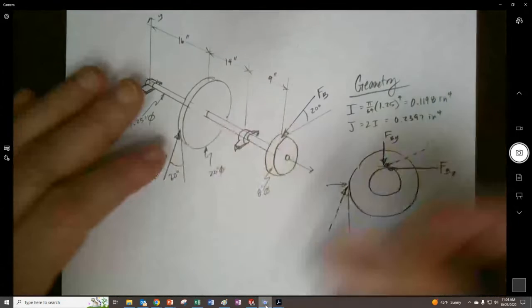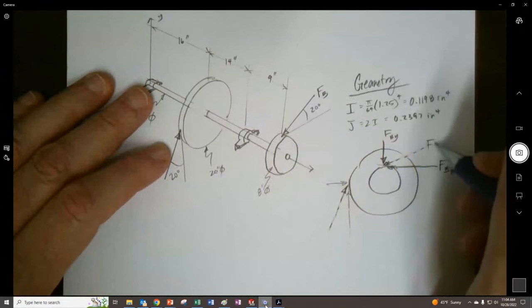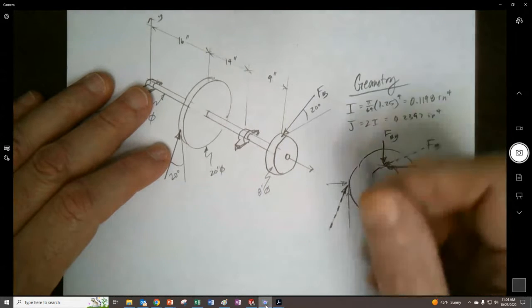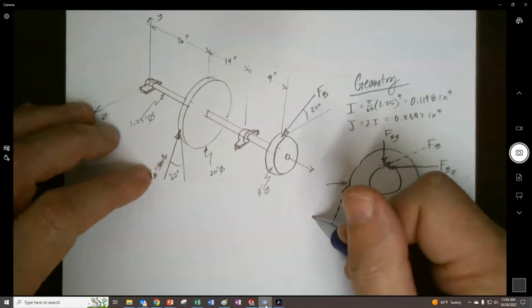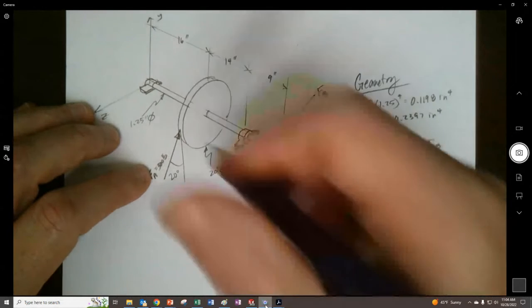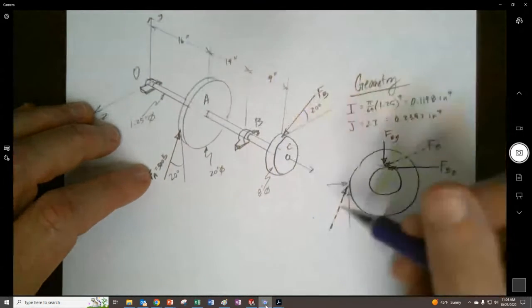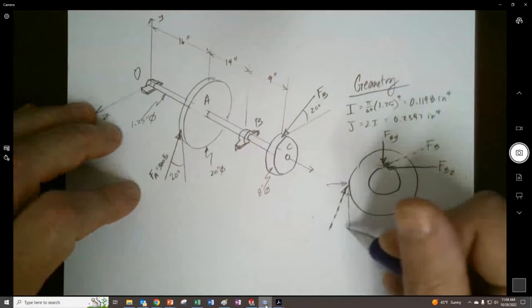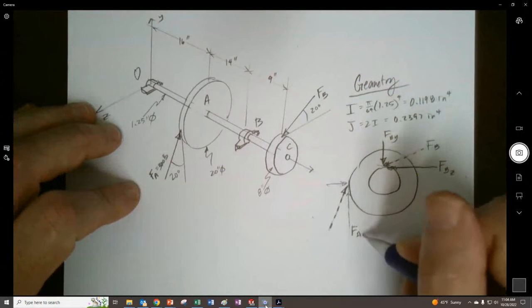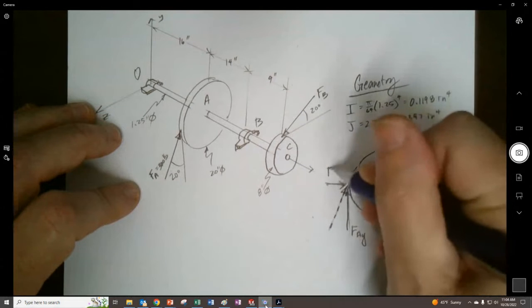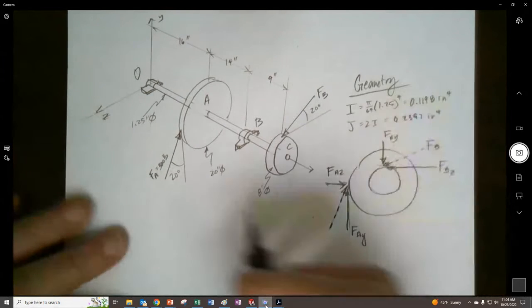I'll put him as a ghosted or hash line here and call this one, because what do we call this? I guess this is O, A, B, C. So this is FAY. And this is FAZ.